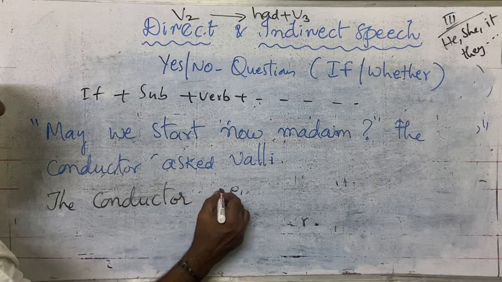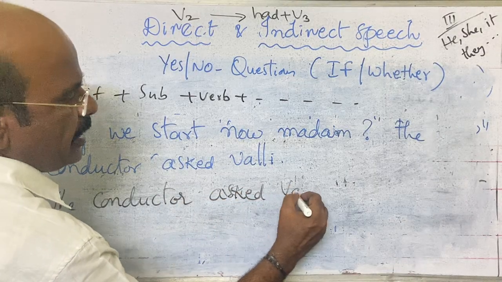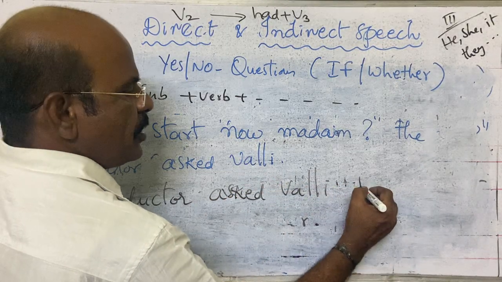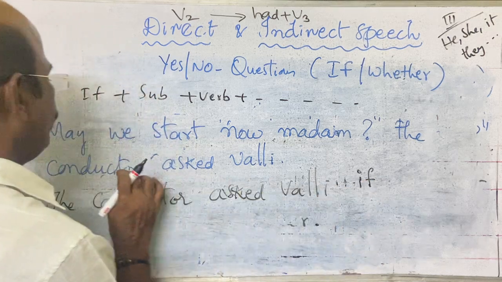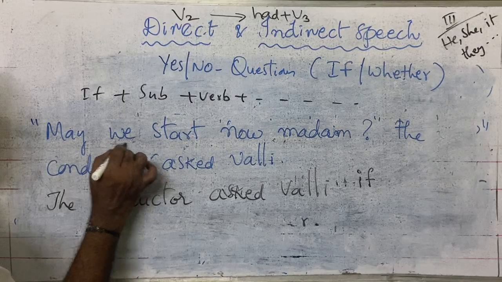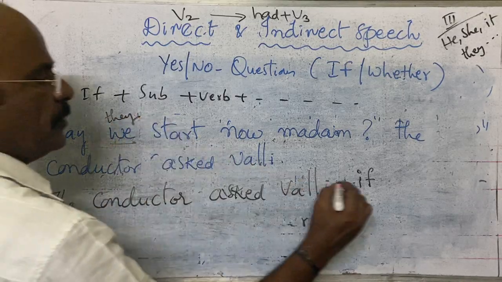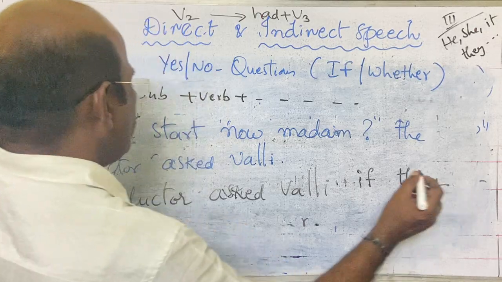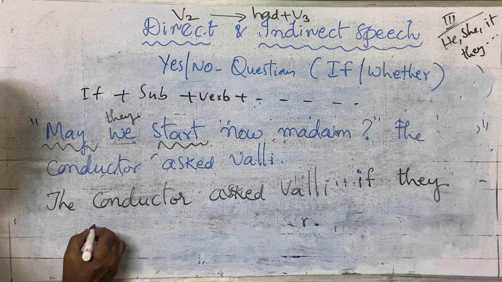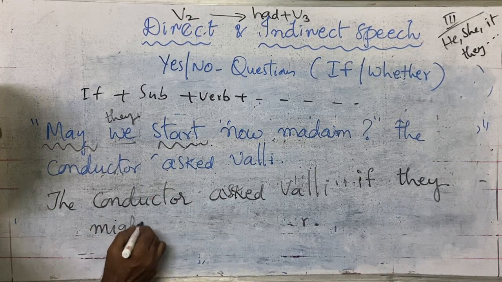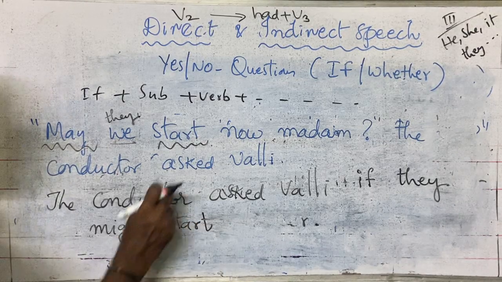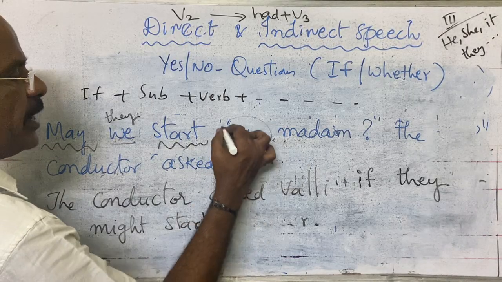He has given it already. What is the starting conjunction? If. We means all of them, Valli and the remaining. So third person you can take as they. If they, verb may start. May start converting into might. If they might start now. Now converting into then.